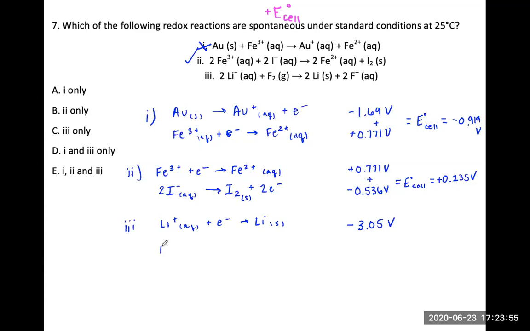And then we can look at the second half of this reaction, which is interesting because it looks like it is also a reduction, right? Because we're taking fluorine gas, which is a 0 oxidation state, to a -1 oxidation state. So it's also gaining electrons. So we can just use this value as is.